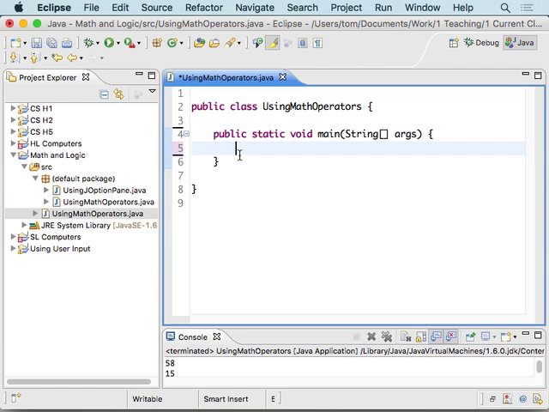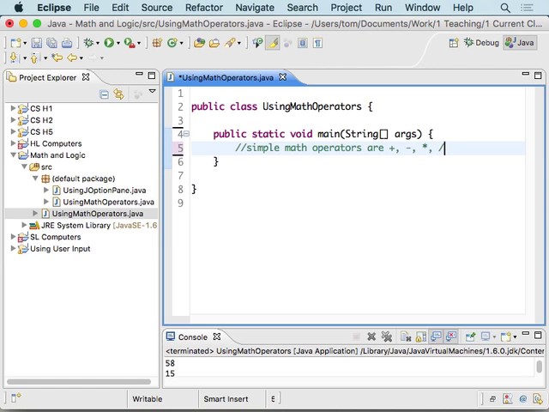We're just going to get rid of those right there. So the simple math operators are plus, minus, times is the asterisk, okay?